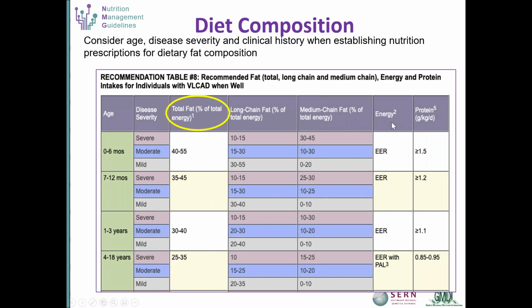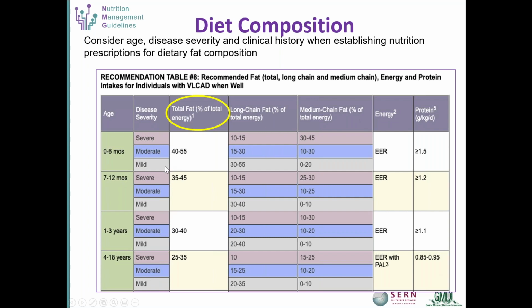Energy intake for the great majority of individuals with VLCAD is consistent with general recommendations for the population. Sometimes the severe individuals may need less or more energy, but in general, most people do tend to use a typical amount of energy, as well as protein. So these protein intakes are consistent with the DRI.